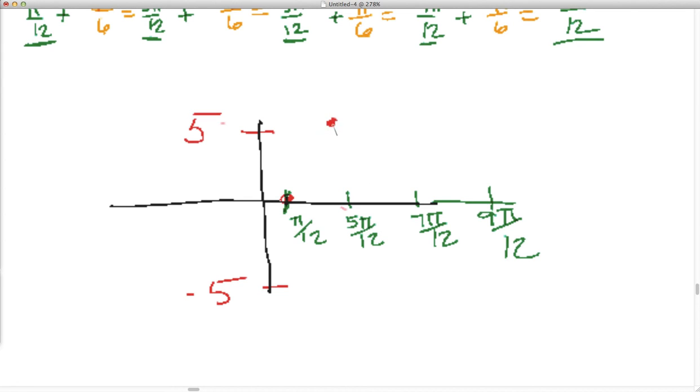So it goes up to here, down to there, back down. So there's your first fundamental cycle. Of course, it does continue in both directions, but for your purposes, if you're asked to graph one cycle, you are done. Alright? Now, all the intercepts are going to be added to some multiple of pi over 6, as you can see.